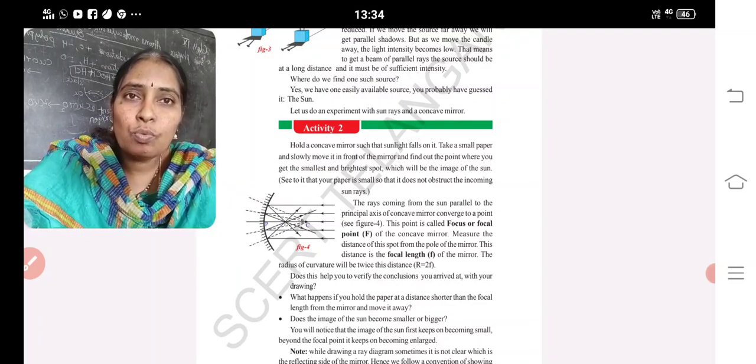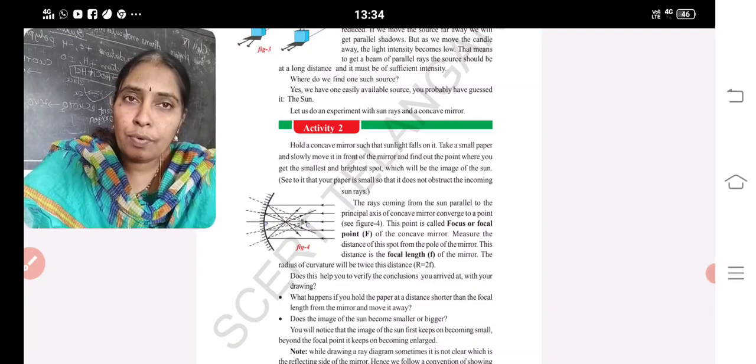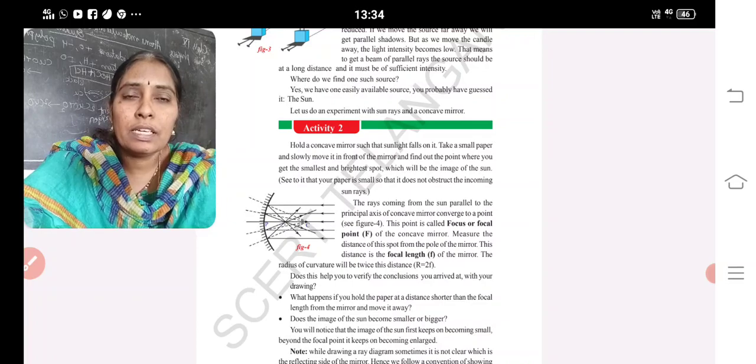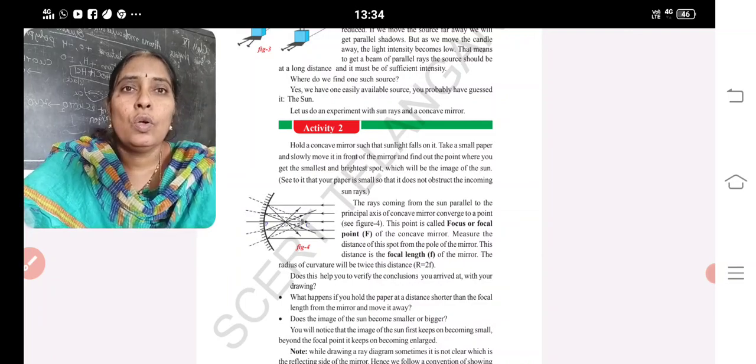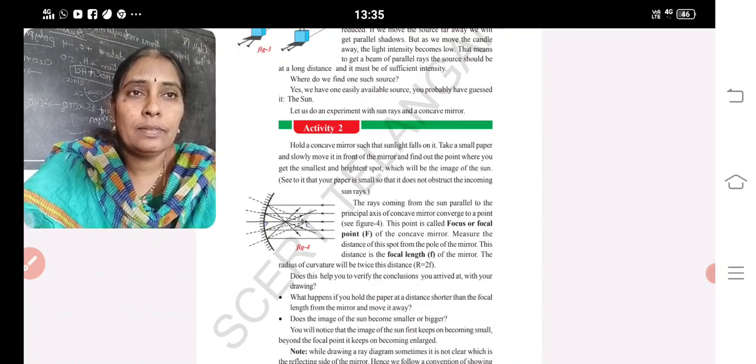The distance between the pole and that focal point is said to be the focal length. What is a focal point? The parallel rays coming from the sun, when they strike a concave surface, reflect and converge at a point, and that point is the focus. The distance between the pole and the focus is the focal length.